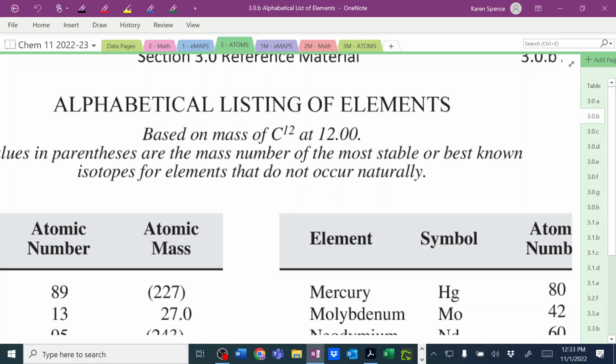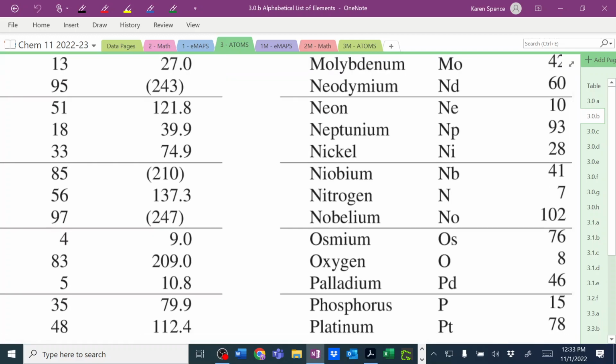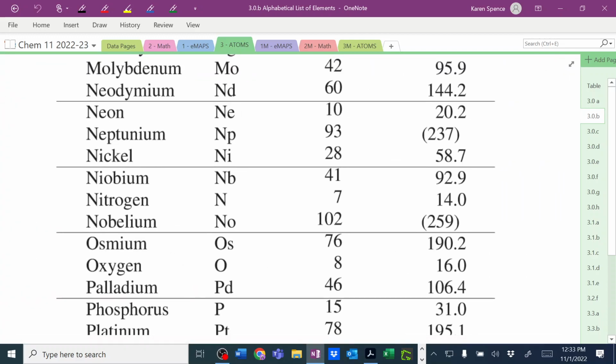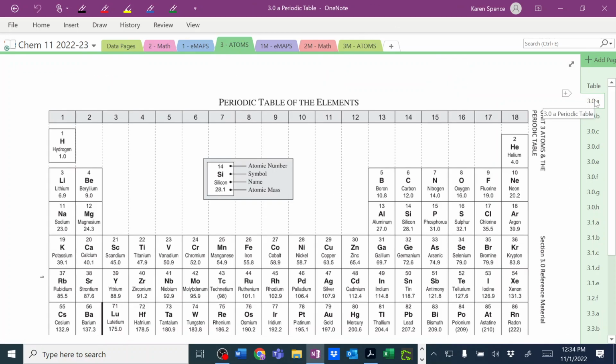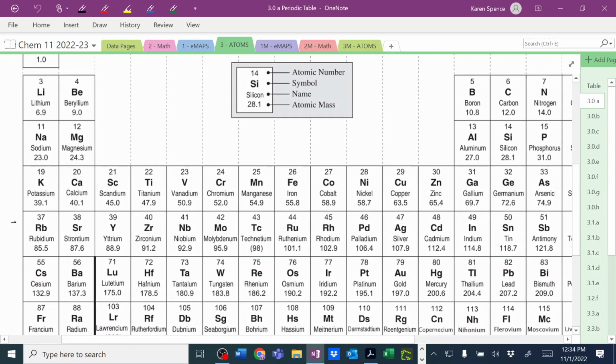If I say to you, go find osmium, and you don't know where osmium is because that's not a very typical element, you can look under O for osmium, and you can say, okay, osmium is atomic number 76. Then you can go back to your periodic table, and you can look under 76. You'll notice it goes up 1, 2, 3, 4, all in a row. Number 76 is right here after 75 and before 77. Yes? So those are nice to have.